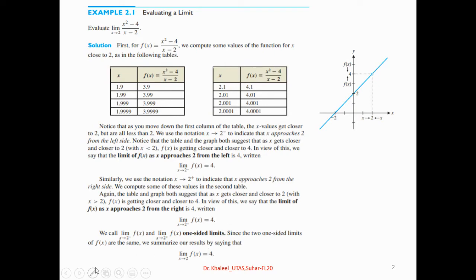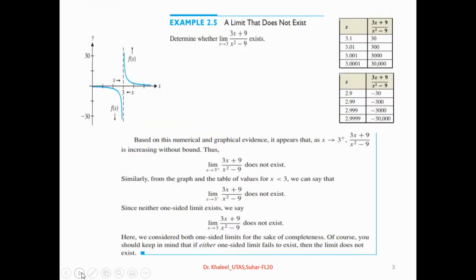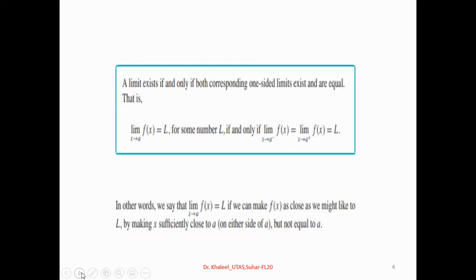You have to be very careful that the limit value and the actual value are two different things, so do not get confused. In some cases, the limit exists but the value doesn't exist. In some cases, the limit also exists and the value also exists, and in some cases the value and the limit both exist and are equal.